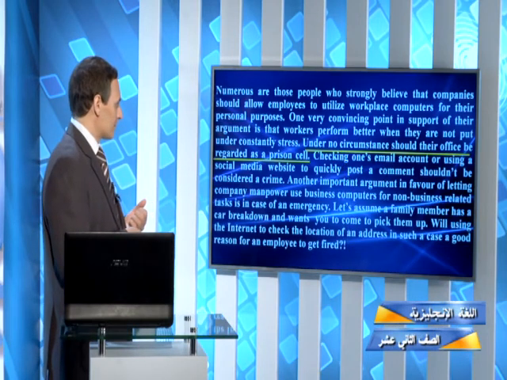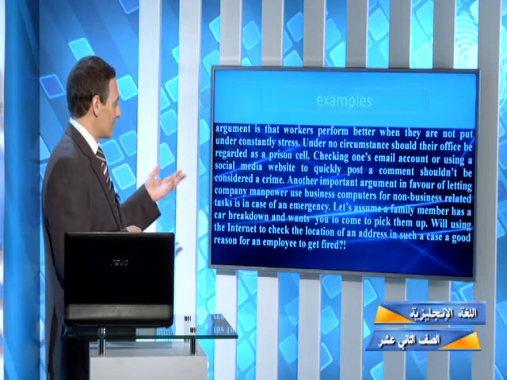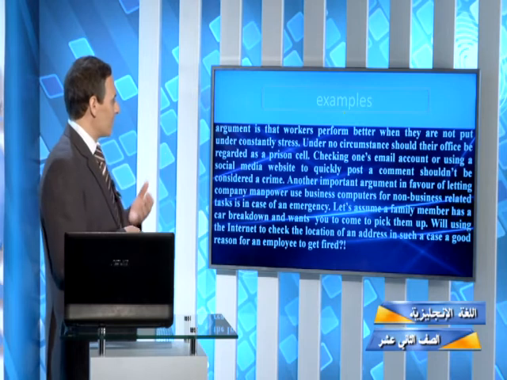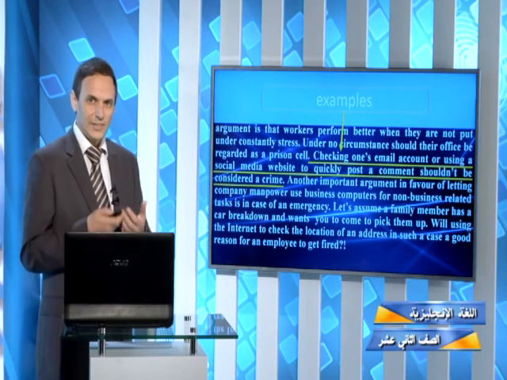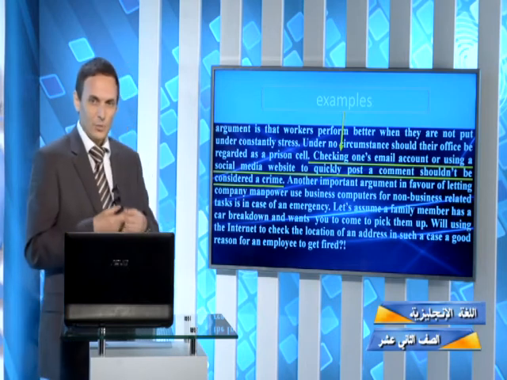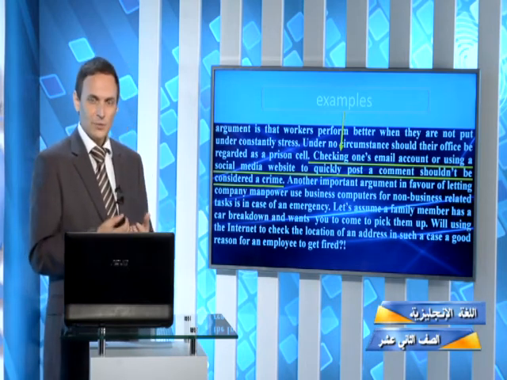All right? After that, the writer of this paragraph gave examples. These are concrete examples. Let's read them. It's very important to know that you can use real-life situations or life case scenarios in your essay.